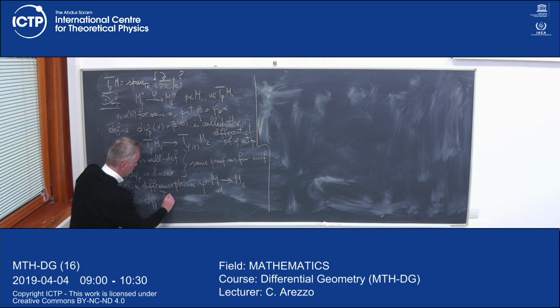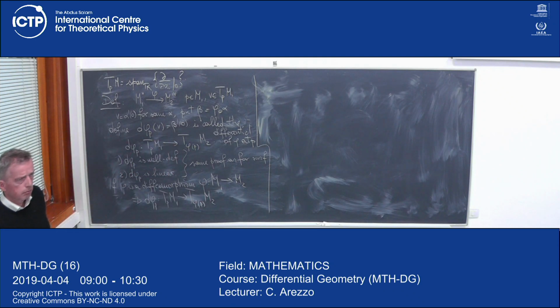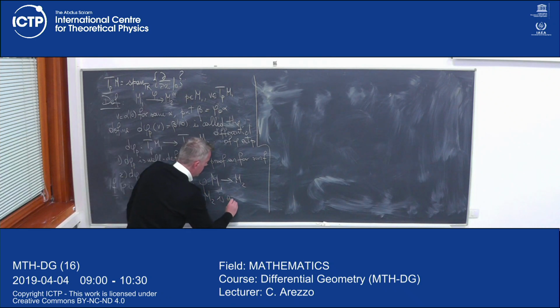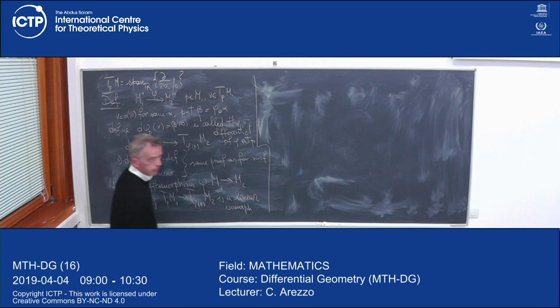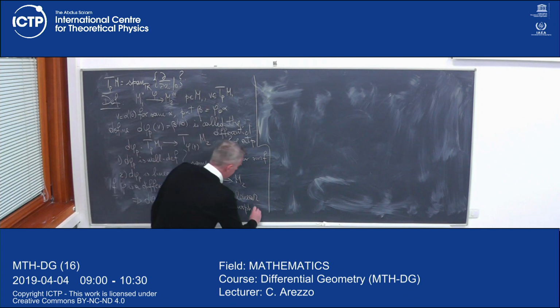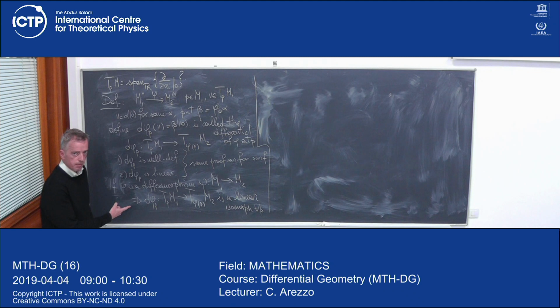It goes from T_pM1 to T_phi(p)M2. It is a linear isomorphism for any p. So the differential of a diffeomorphism always has to be an isomorphism of vector spaces. Actually, that would be my way to prove what I just said.